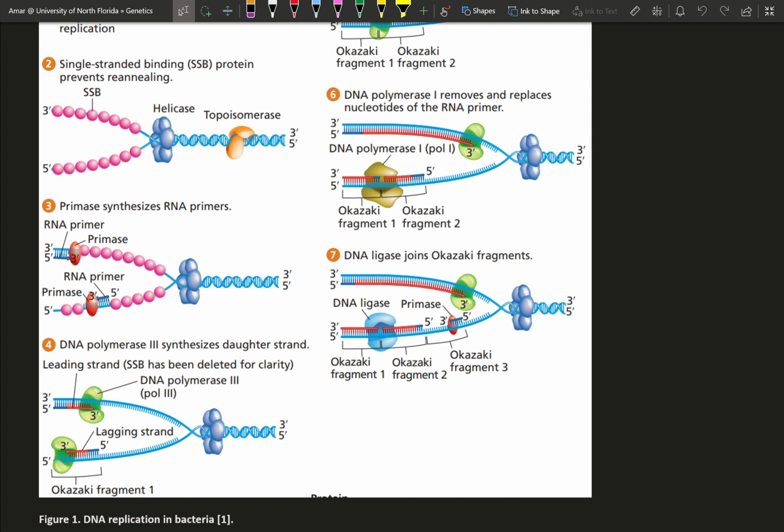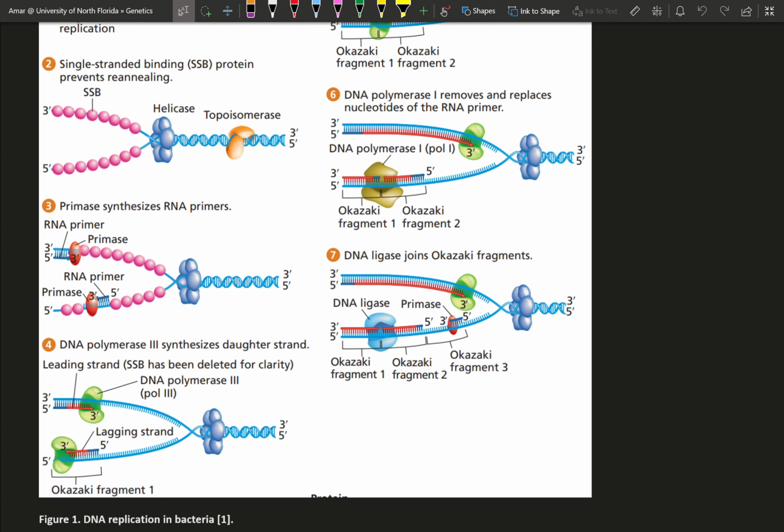Without the RNA primers, DNA polymerase 3 does not function properly, because you need a functional hydroxyl group on the 3' end of every DNA nucleotide in order for you to replicate. So if you never had an RNA primer in the first case, you would never be able to make a functional or a working phosphodiester bond. So therefore you need the RNA primer to be there. Okay?